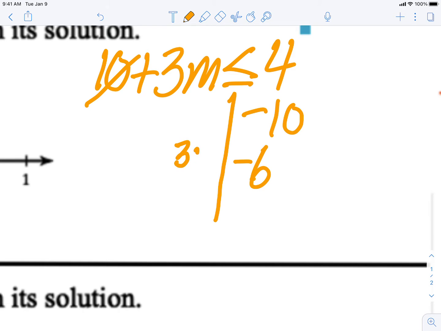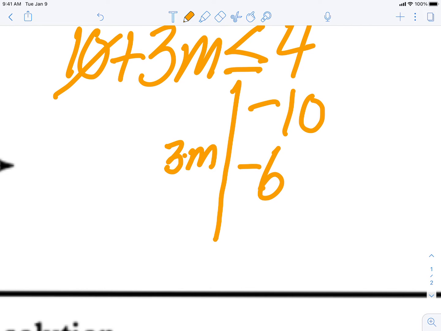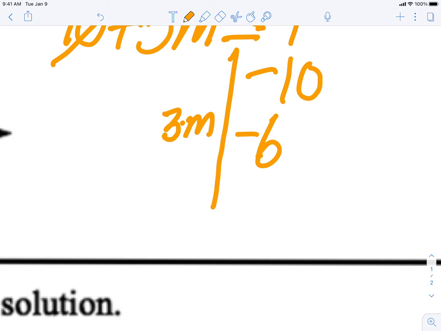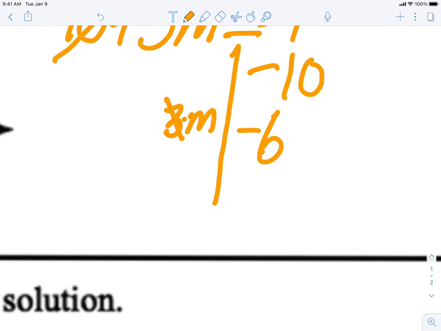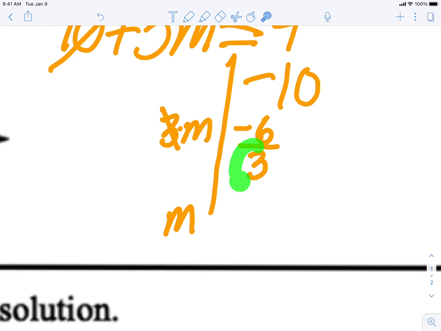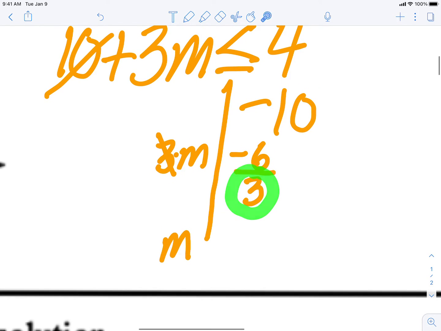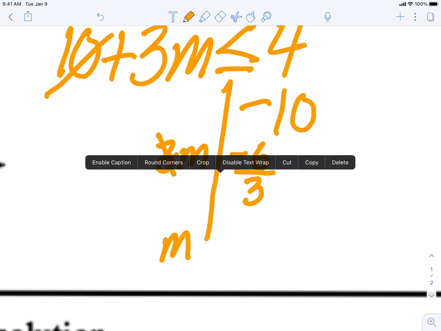Now I still have my 3m here. So let's not forget that 3m means 3 times m. And the opposite of multiplying is dividing. So I cross out 3, and let me draw this 6 a little smaller there. And I divide by 3. So I'm left with m. This 3 is not a negative. So that means that this arrow is going to stay the same.